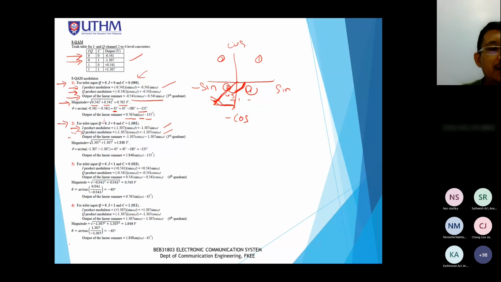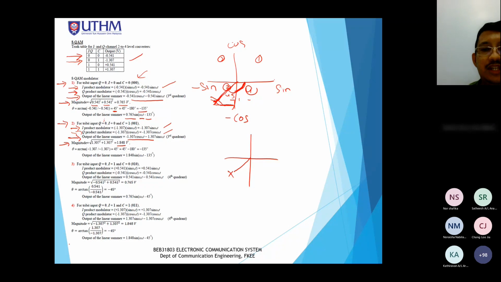After the linear summer, it will sum the cos and sine. So you see that negative cos and negative sine are also located at the third quadrant. So how do we determine the magnitude? It is the summation of quadratic and then square root, so we get 1.848 volt.